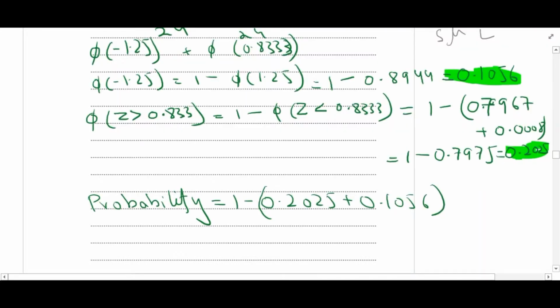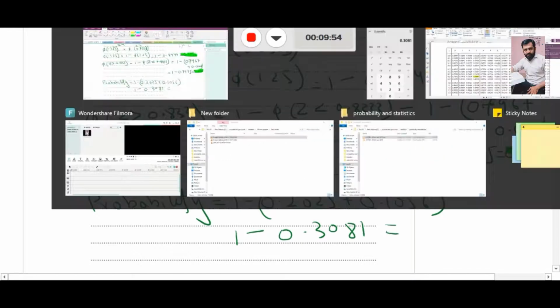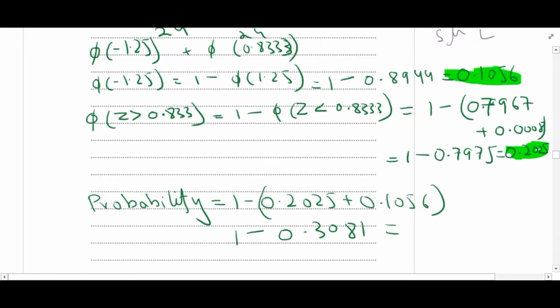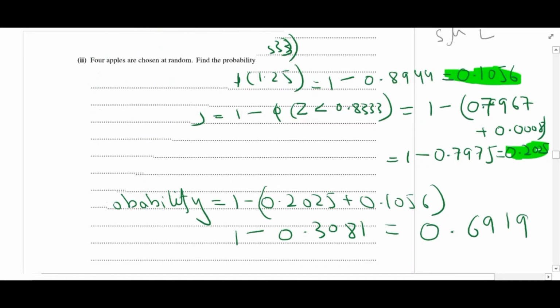That would be 1 minus 0.3081, which is 0.6919, approximately 0.692. That's it.